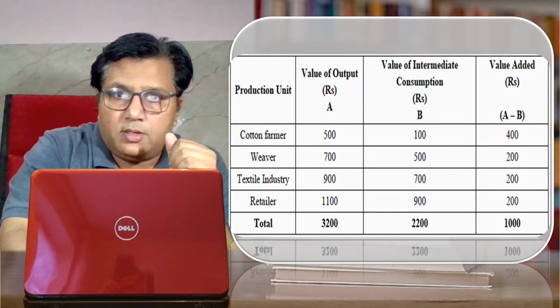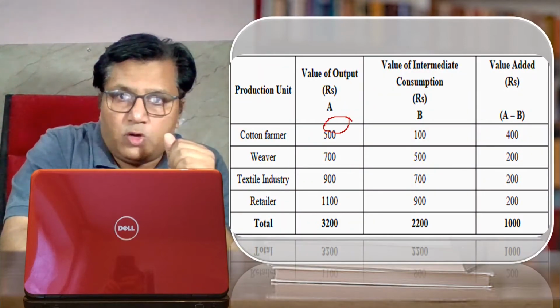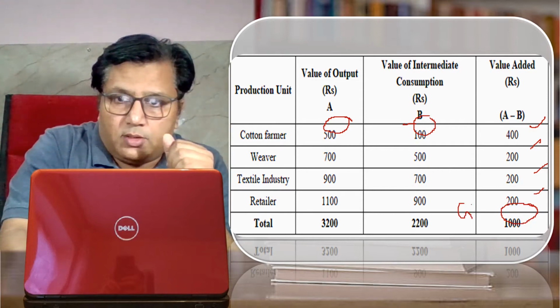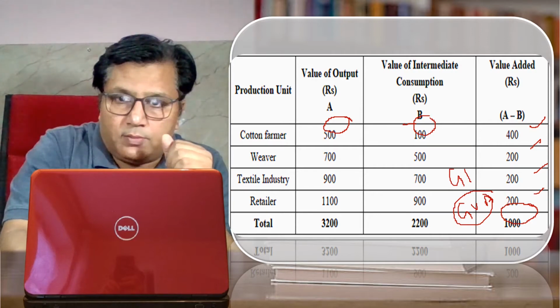Here we can see 500 rupees value of output, intermediate consumption is 100. So value of output is this one, value added is this one, and the gross value added, that is gross value added or GDP MP, both are the same thing.